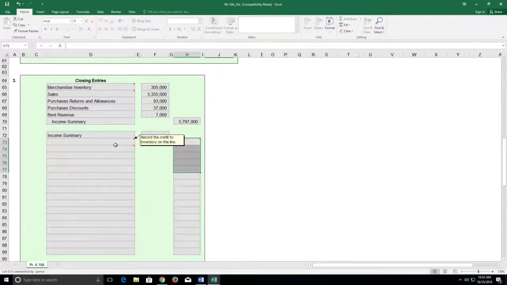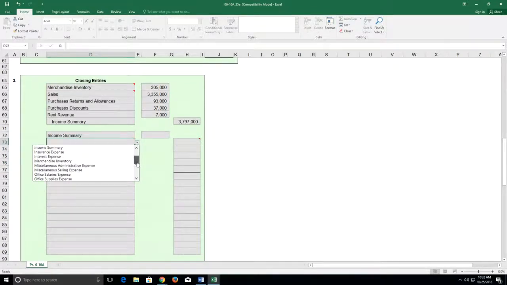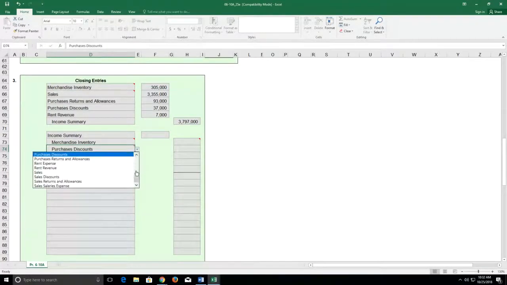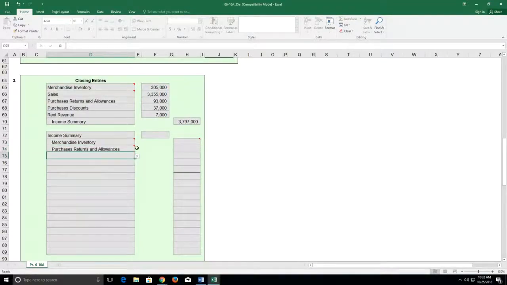So this would be our merchandise inventory. And then we're going to have sales return and allowance, because that's an expense to us when somebody brings something back. Oops, I had that on there. So just to save time, I'm going to tell you how these go.